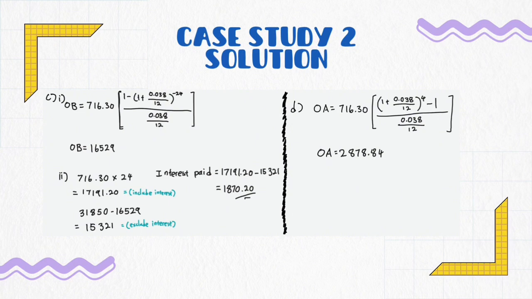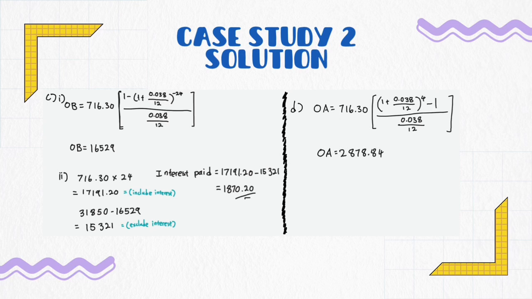And for the second equation, we need to take the original price, which is 31,850 ringgit, and minus it by the outstanding balance, which is 16,529 ringgit, and the answer will be 15,321 ringgit, and that is the price excluding interest.